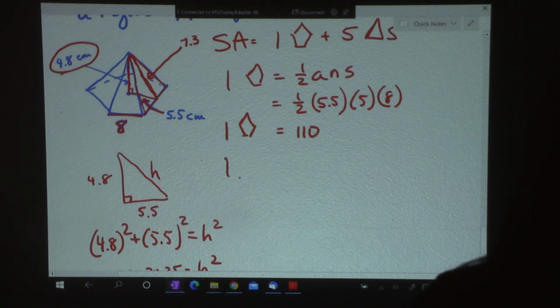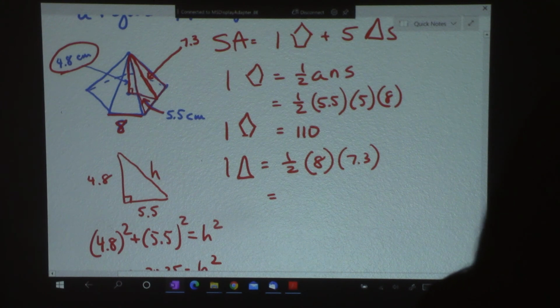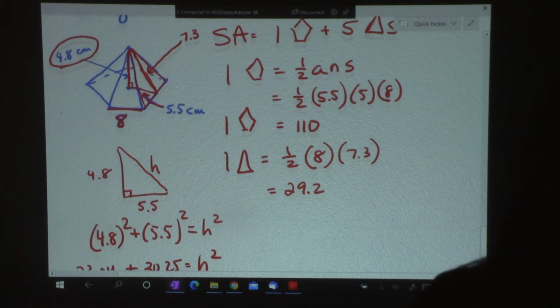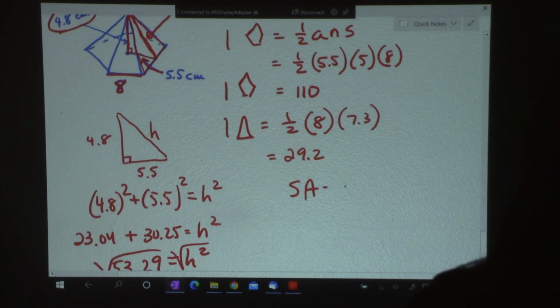So one triangle is going to be 1/2 the base, which is 8, times 7.3. And when I work that out, I get 29.2. That's one triangle. So let's go back to my formula.